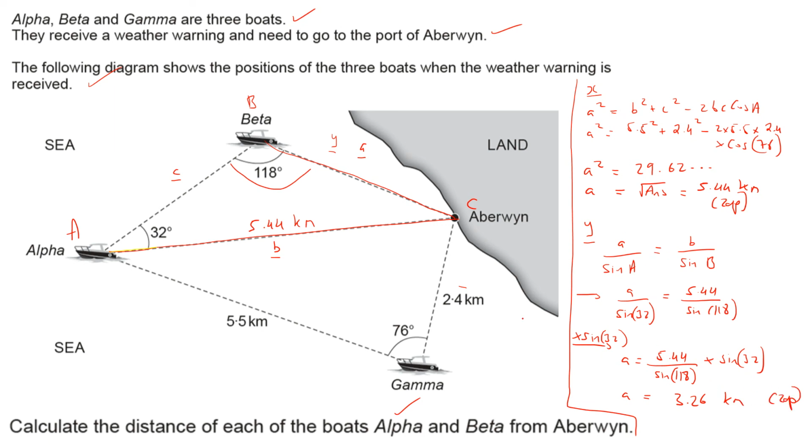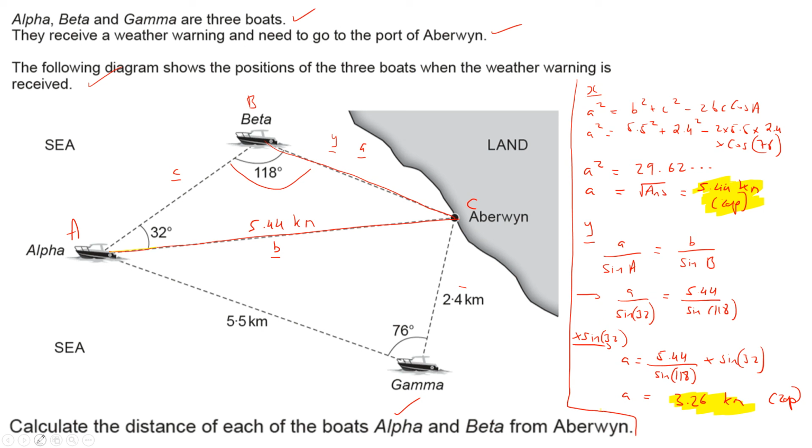If you want to highlight the two answers, you can. Time is running out here. So this one is 5.44, and that was 3.26.